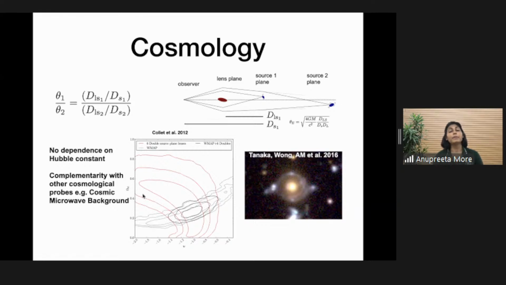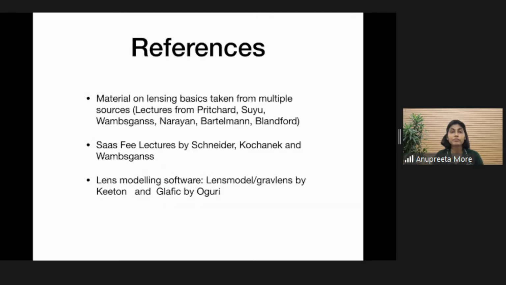And if we can find a sufficient number of these double source plane lens systems, then we could get good constraints on some of these cosmological parameters, which is complementary to other probes of cosmology in the literature.